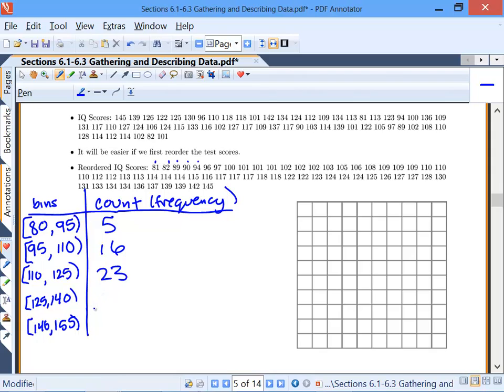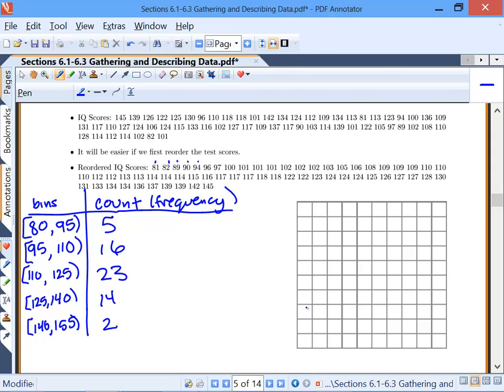Anyone else? And 140 to 155, it looks like just 2 of them. We should probably make sure those add up back up to 60. Okay, they add up to 60.